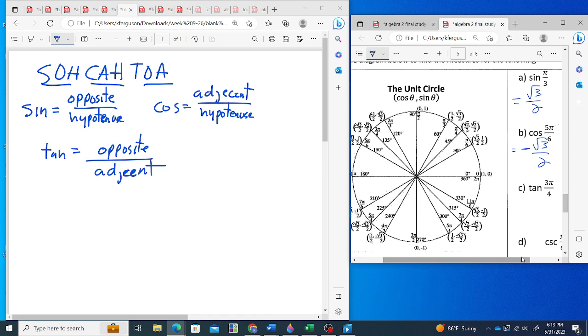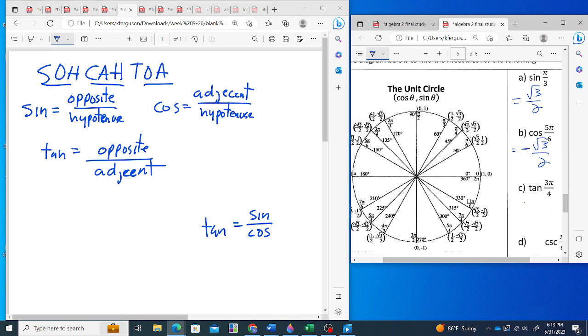So now I'm at tangent of 3 pi over 4. 3 pi over 4 is here. Tangent, again, is sine over cosine. Well, I don't have the benefit of other stuff, so I'm going to take right here my sine and cosine.